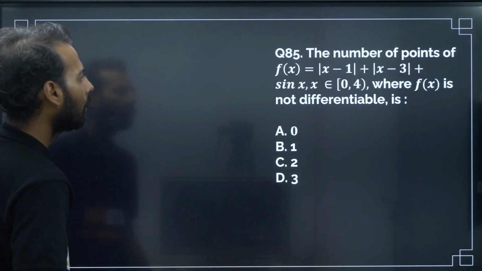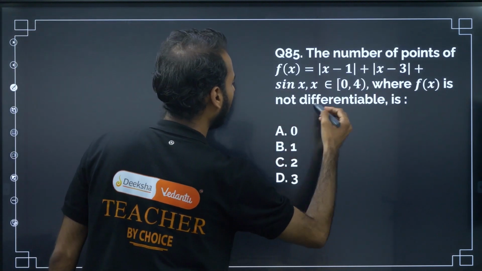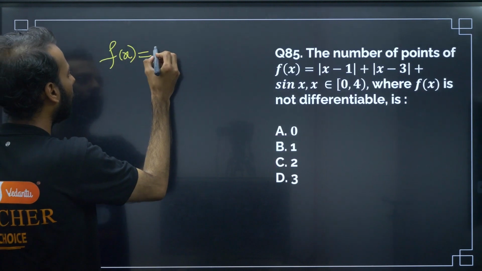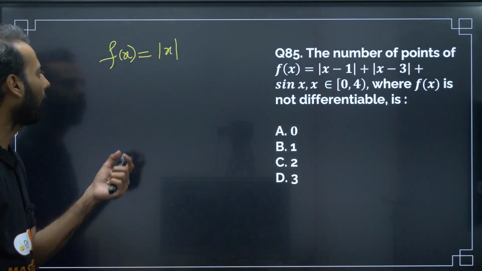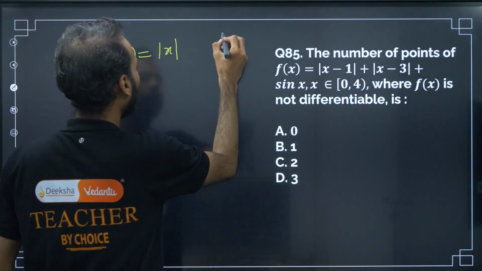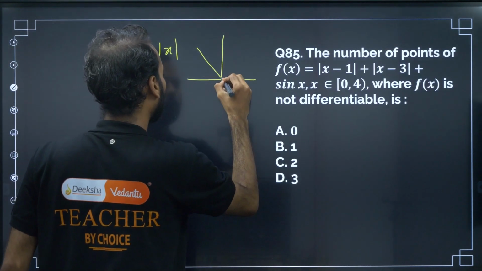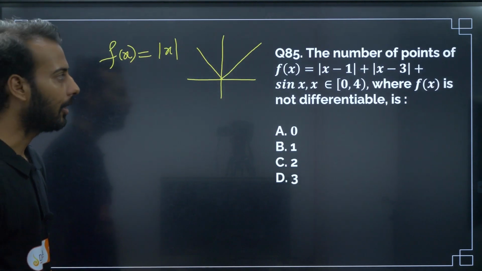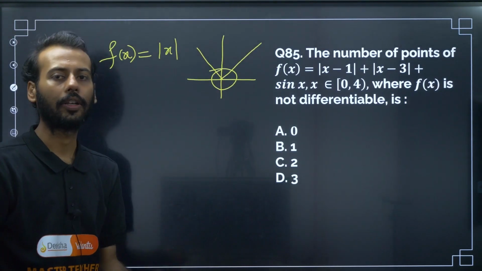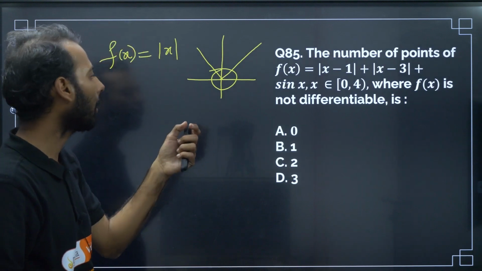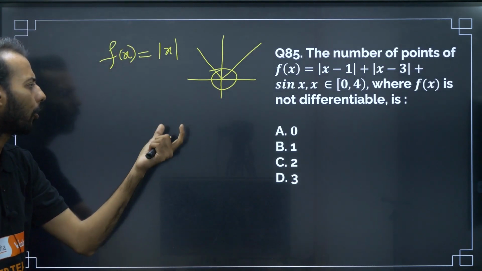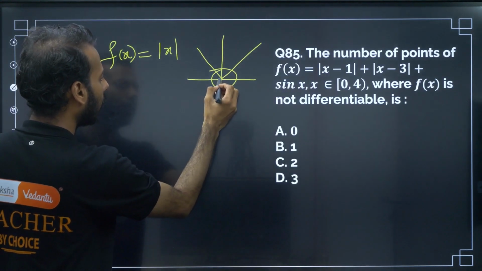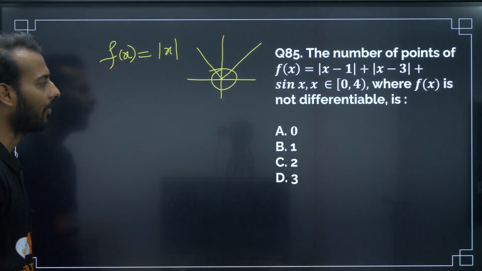Moving to next question. The number of points where f of x is not differentiable. So for this, let me tell you one concept, when function will not be differentiable. Let me consider f of x is equal to mod x. We are already aware of the graph of mod x. Mod x graph is this. Whenever a sharp corner comes, that function is not differentiable.